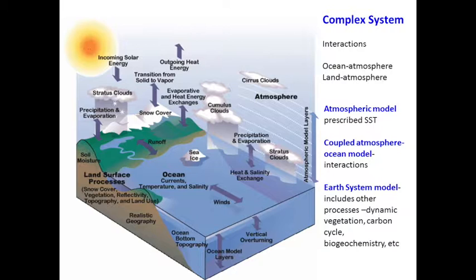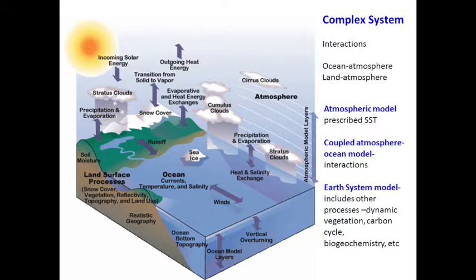Then we have a coupled atmosphere and ocean model. That is another kind of model that uses this atmospheric model coupled with one ocean model. So in this way, there is a possibility of the interaction between the two systems.